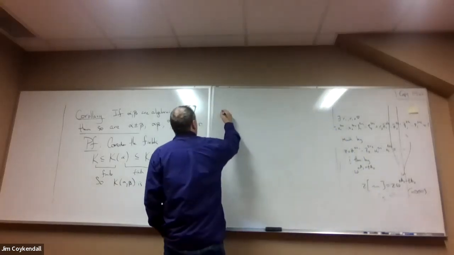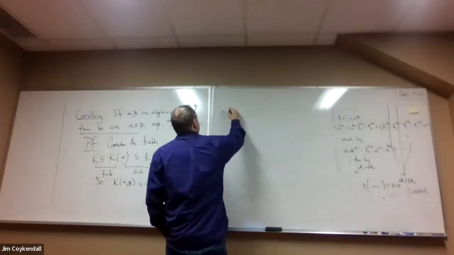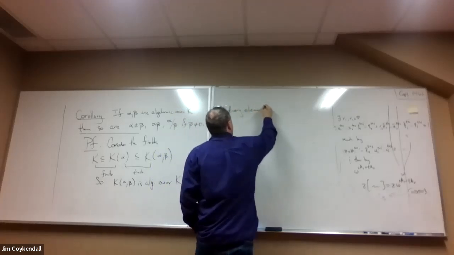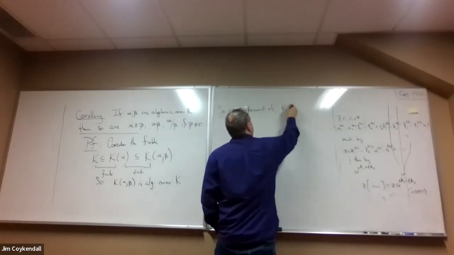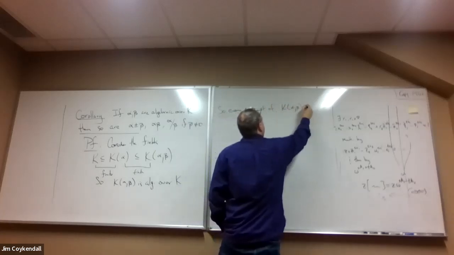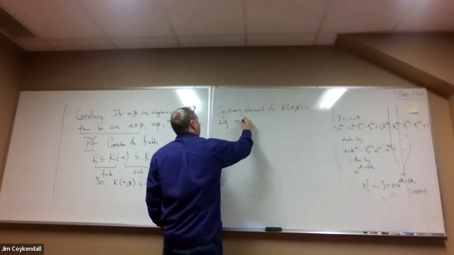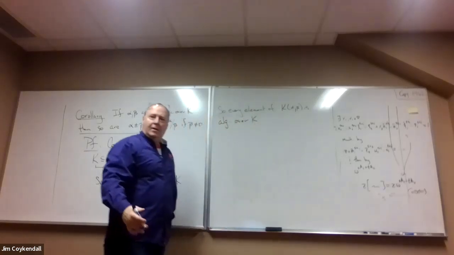Therefore, every element of K alpha beta is algebraic over K. Right?